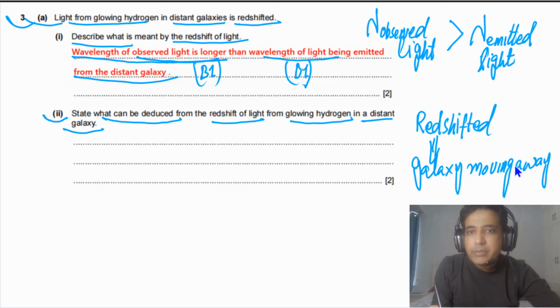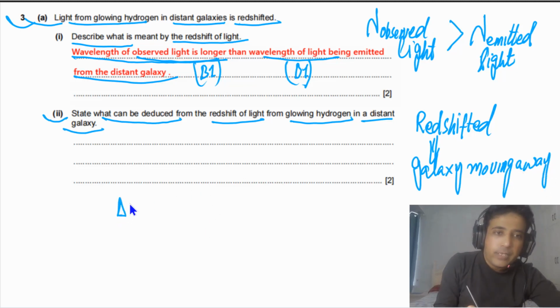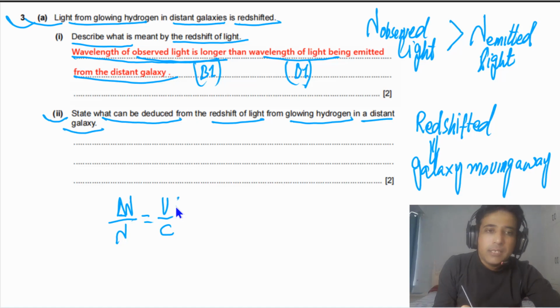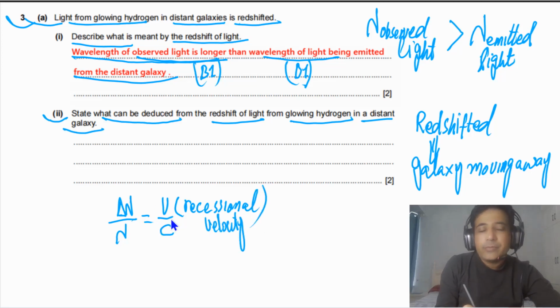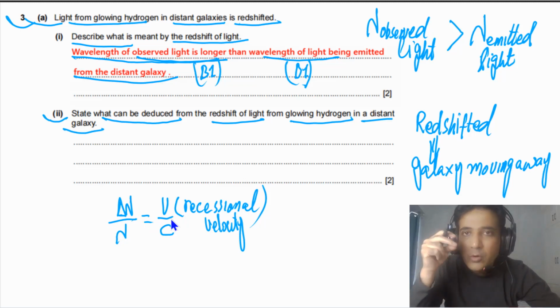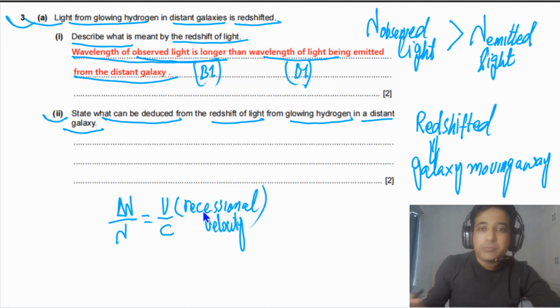And by comparing wavelengths, if we have delta lambda by lambda, we can find out the recessional speed of the galaxy. We can calculate it if we have the wavelength of emitted light from the galaxy and the wavelength of observed light. Then we can compare and find out the speed of the galaxy.